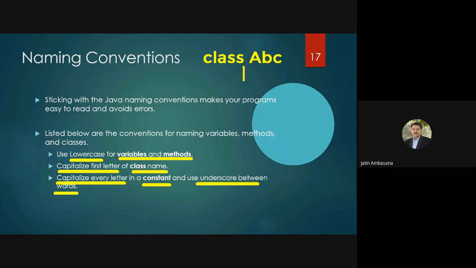Similarly, suppose you are defining a variable inside this class ABC, let's say int ab, small ab. Now this is a variable. And similarly, if you are defining a method, that is also declared using small case letters.